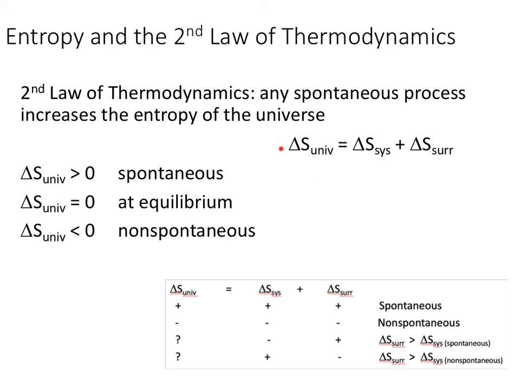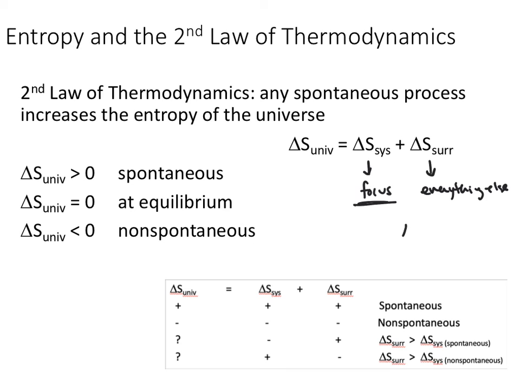So we have the entropy, or the change in entropy of our universe. We have the change in entropy of our system. That's obviously the thing we're placing our focus on. Okay, and the delta S of our surroundings is going to be basically everything else. Okay, so obviously the system a lot of times is what we're paying attention to in chemistry, although the surroundings is something that we have to take into account.